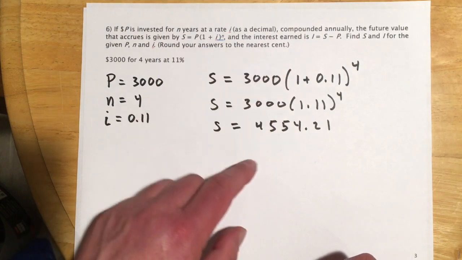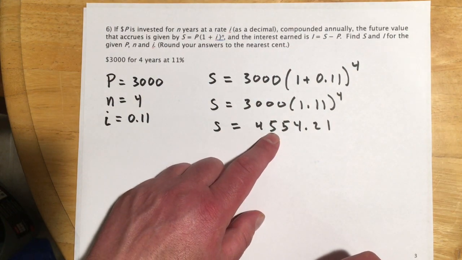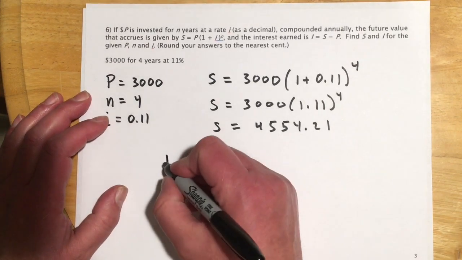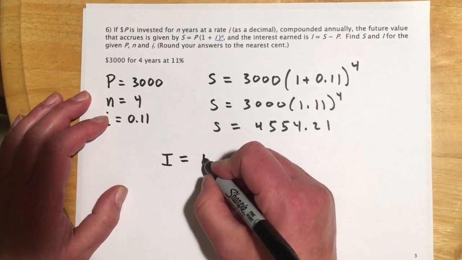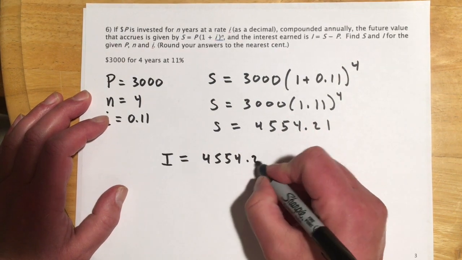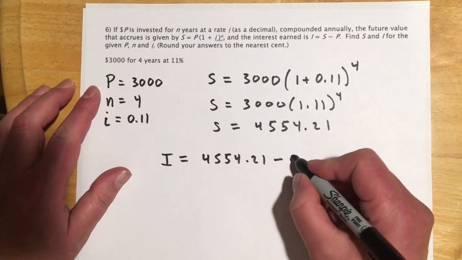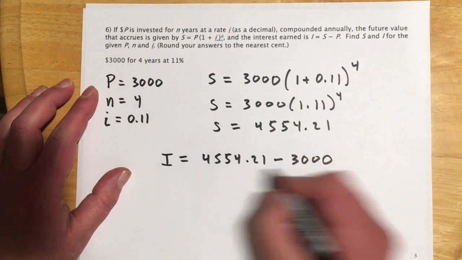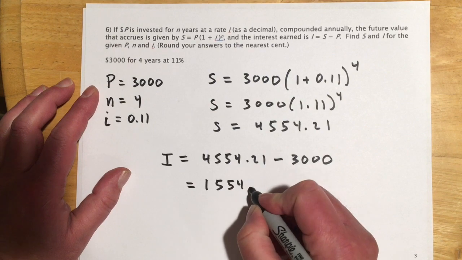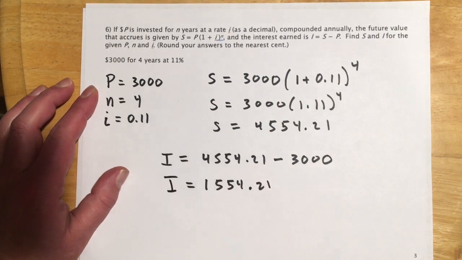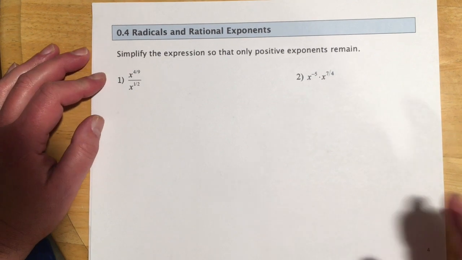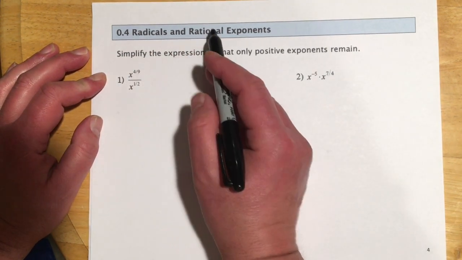And then to find the interest, I just do how much money I end with minus how much money I begin with, and then that difference would be the interest. So I is going to equal $4,554.21 minus the $3,000. And then that should get 1554.21 equals I.